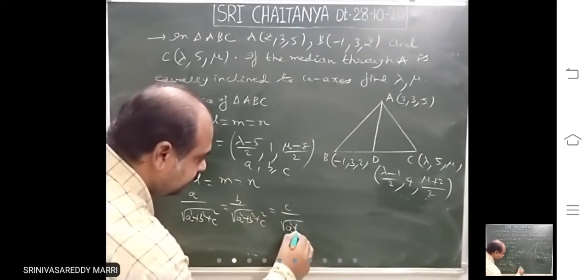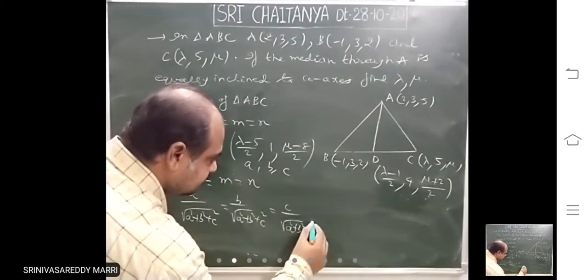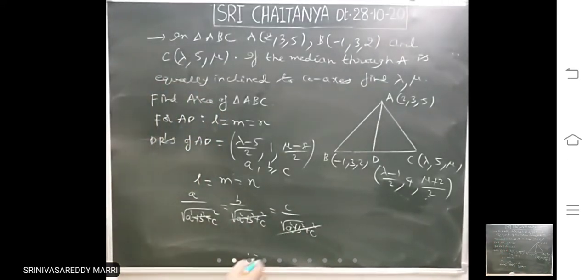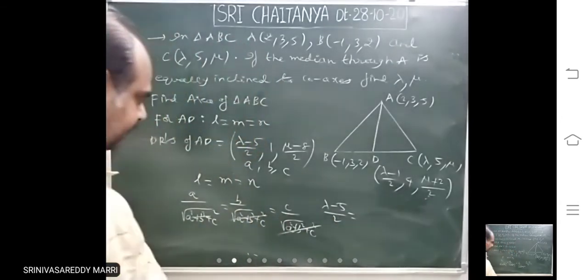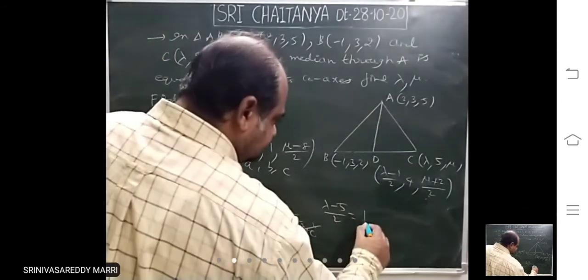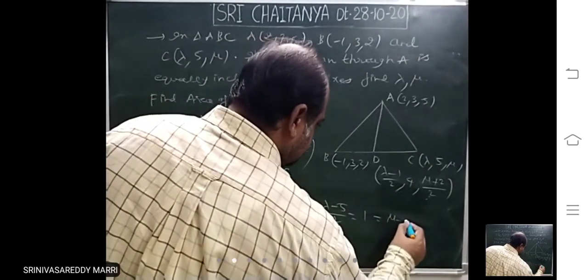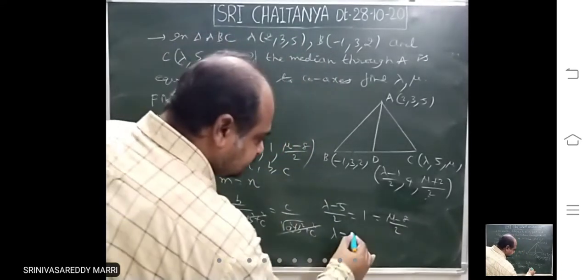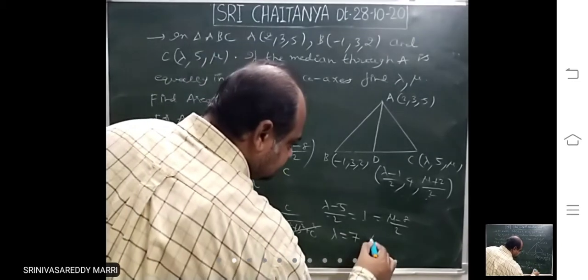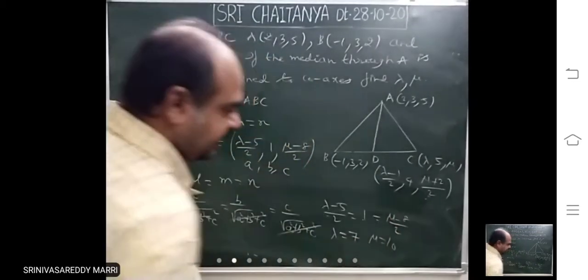What is the formula for DCs? This. So this will get cancelled. So that means lambda minus 5 by 2 equals 1 equals mu minus 8 by 2. Therefore lambda is 7, and mu is 10.